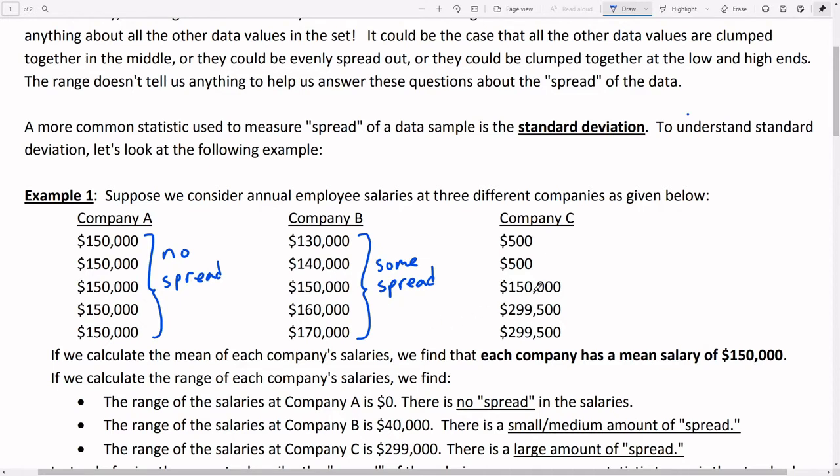Now, on the other hand, Company C, there is a lot of spread here. Lots of spread. So these are definitely spread out. We've got 2 people making close to $300,000, 1 person making $150,000, and then 2 people making $500,000. So these values are very spread out.